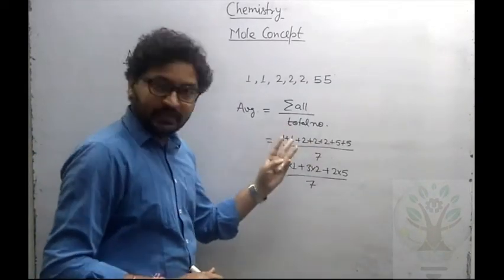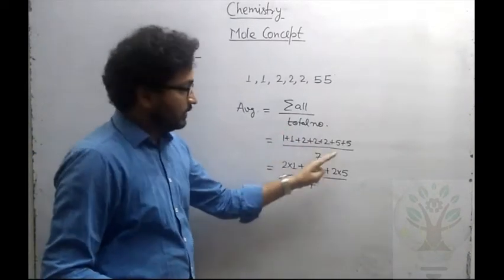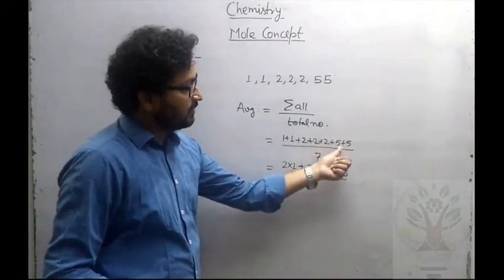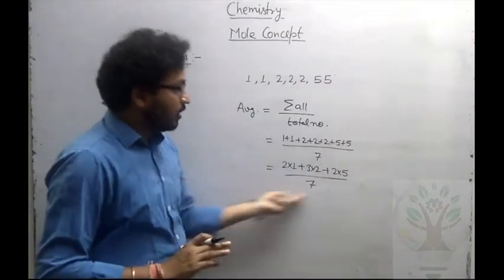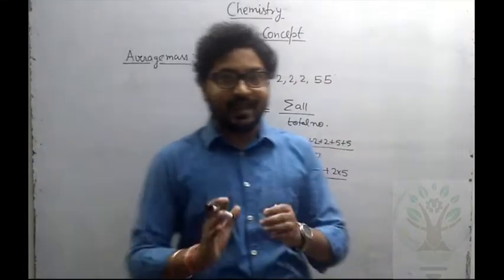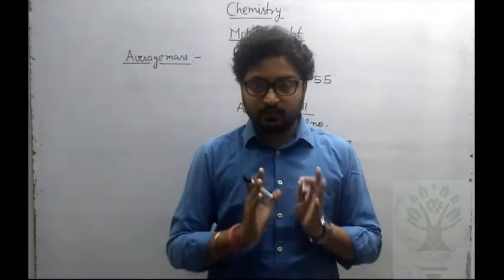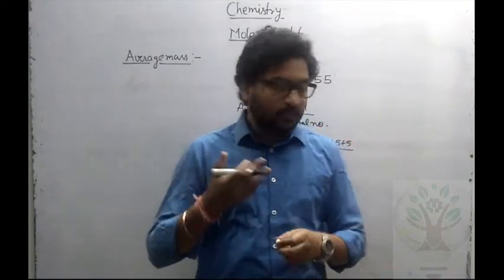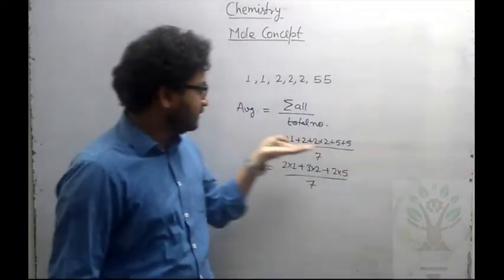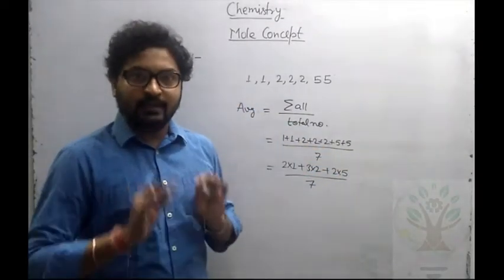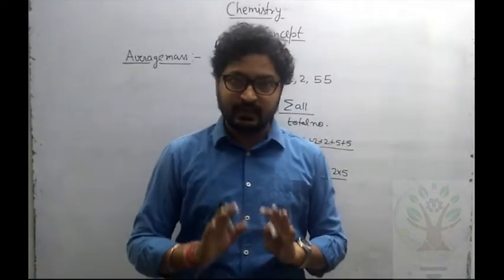The number 2 is coming 3 times, so I write 3 into 2. Plus 5 is coming 2 times, so I write 2 into 5. This is how we calculate the average of any given set of numbers. If you give me any numbers, this is how I find the average: total sum divided by total numbers. This much we have already studied in class 10.